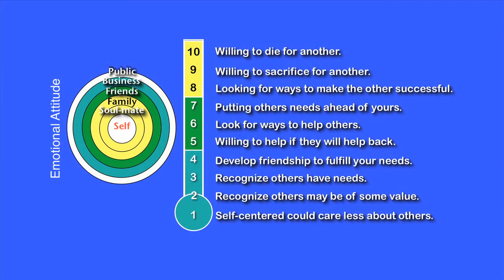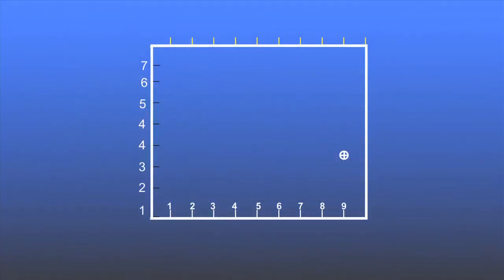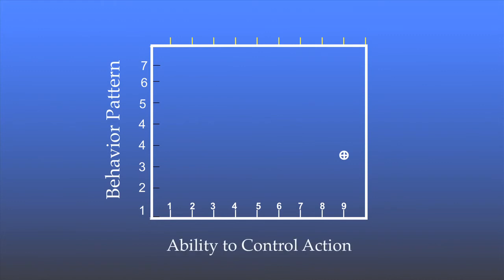What would you say should be the minimum level of a relationship? Society has agreed on an acceptable relationship behavior pattern. The ability to control one's actions can be charted from self-indulgence to self-control.